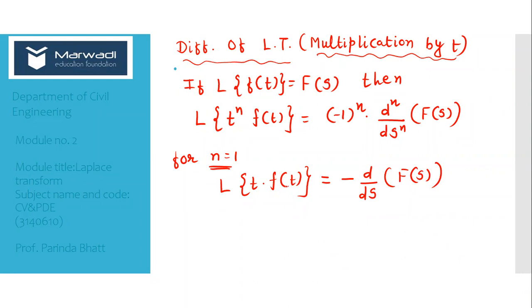When the basic function is multiplied with t, then we have to apply the differentiation to the answer with respect to s, and here the minus sign. Okay, if t square, then apply it one by one. First find Laplace of t f(t) and then find Laplace of t square. Okay, clear everyone?